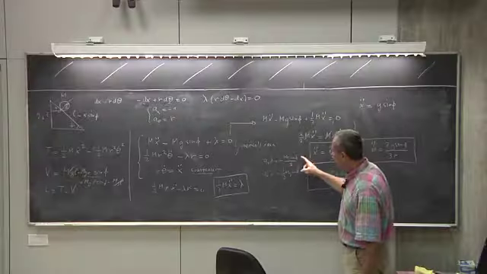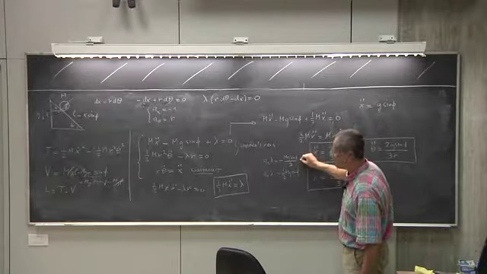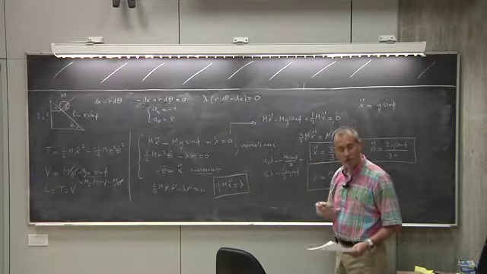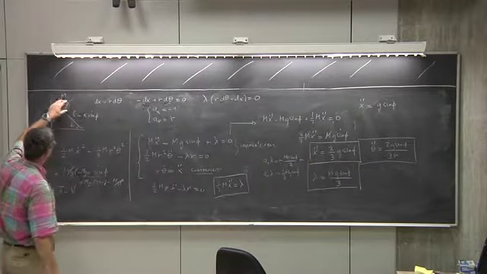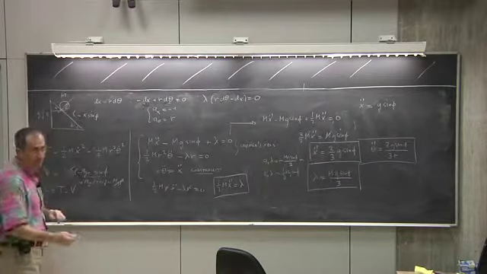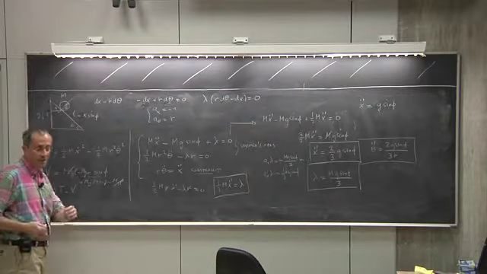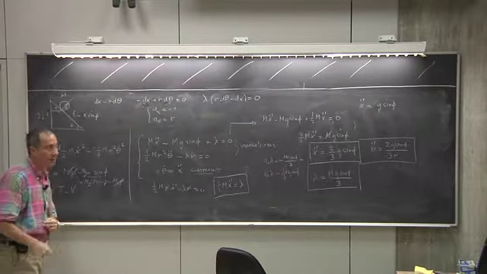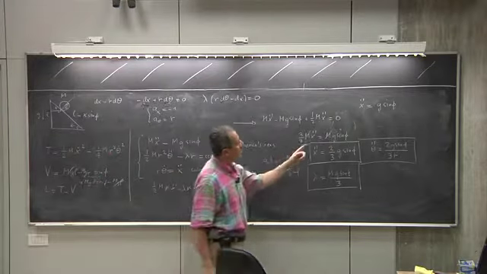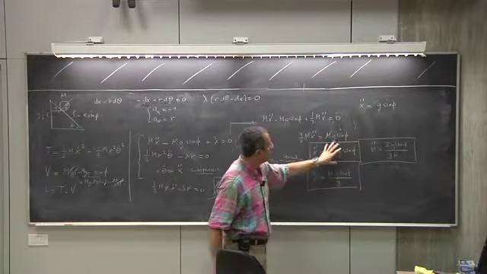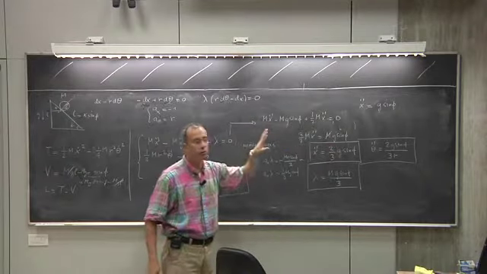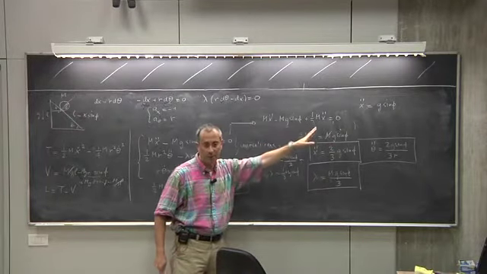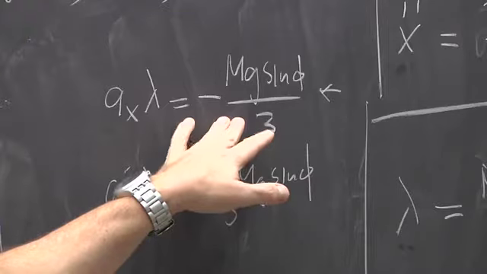In a way, this is a sort of friction that you have in the system, exactly because you are rotating, so you need some component working against you in such a way that you can rotate. So instead of having g sine phi, you have only 2/3, because 1/3 of that acceleration, or if you wish, 1/3 of that force, if you multiply by the mass, has gone into friction.